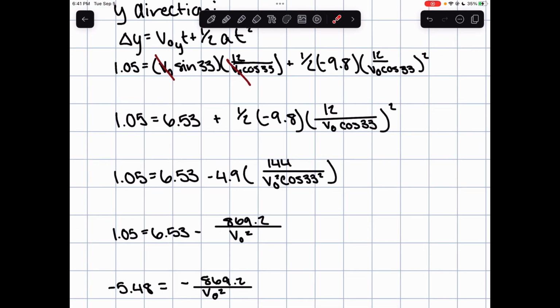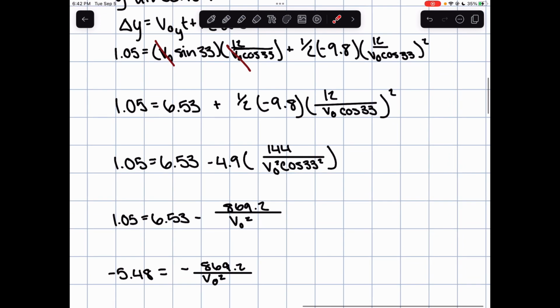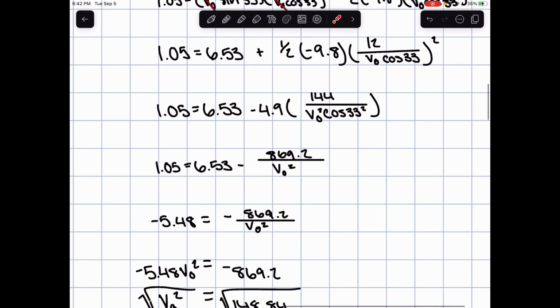Next step is, again, this stays the same, equals 6.53 minus 4.9, so I have a 9.8, times 144, so 12 squared, over V naught squared times cosine 33 squared. So for our next step, we're going to multiply this by the numerator and then divide by this so that we only have V naught squared left in the denominator. And this is what that's going to look like.